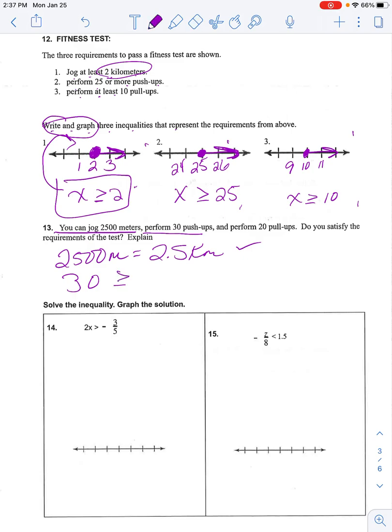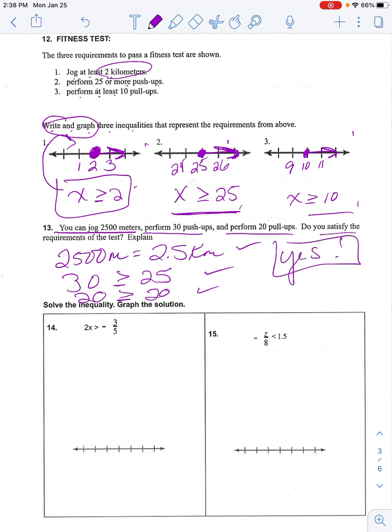Is 30 greater than or equal to 25? Yes. You can perform 20 pull-ups. You need to be able to do at least 10. So is 20 greater than or equal to 10? Yes. So do you satisfy? Yes. So you were able to pass the fitness test.